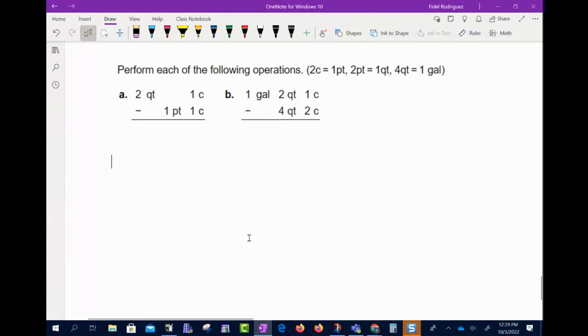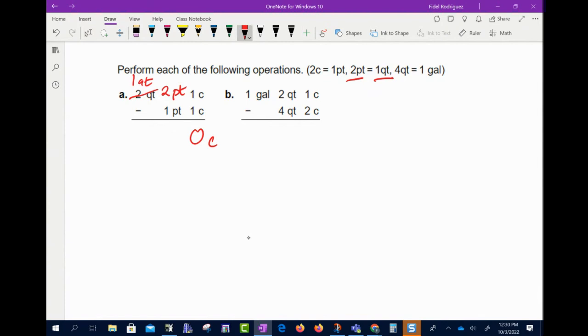So when we're doing part A, we can probably do the first piece already, because 1 cup minus 1 cup is going to give me no cups, right? But look, let's change this quarts here. Let's leave 1 quart there. Quarts into pints is the same thing. 1 quart is the same thing as 2 pints. So right here I'm going to put 2 pints.